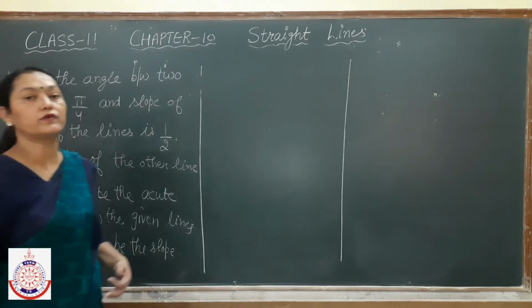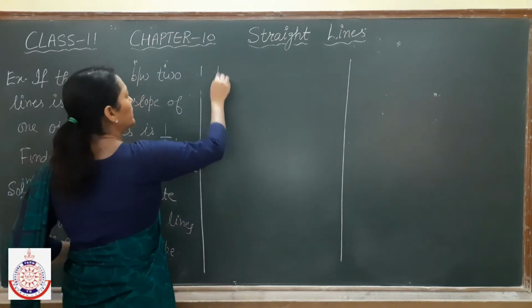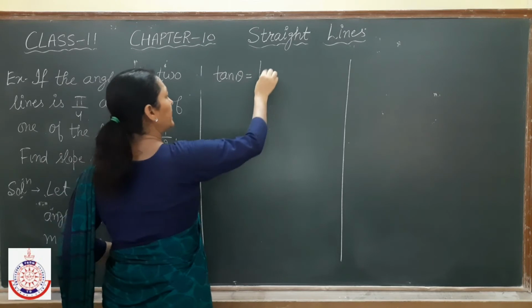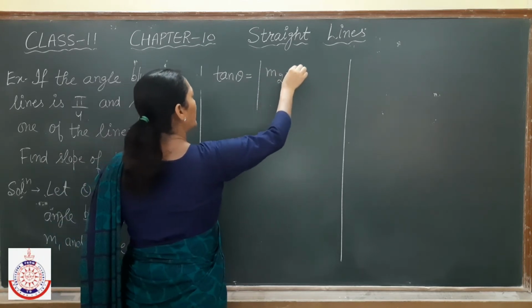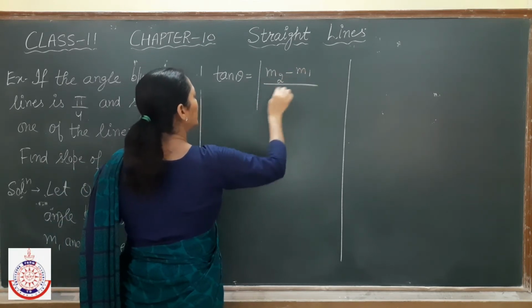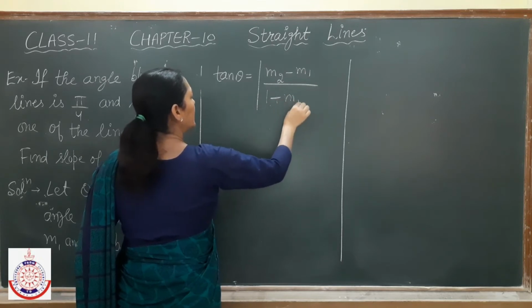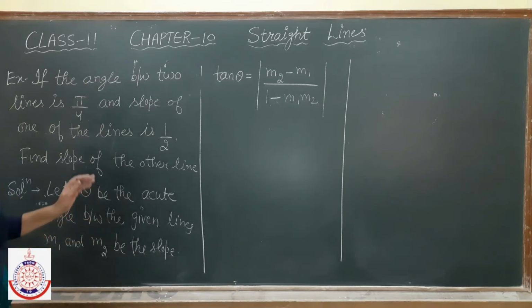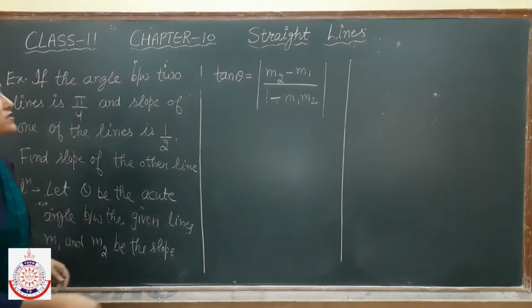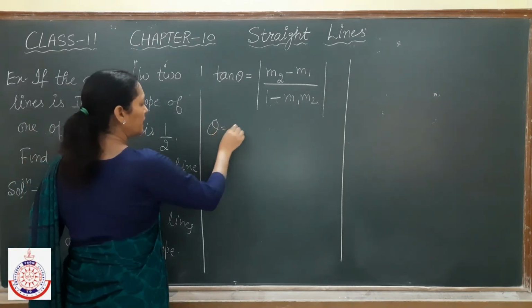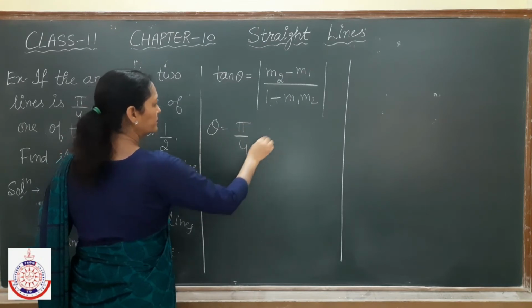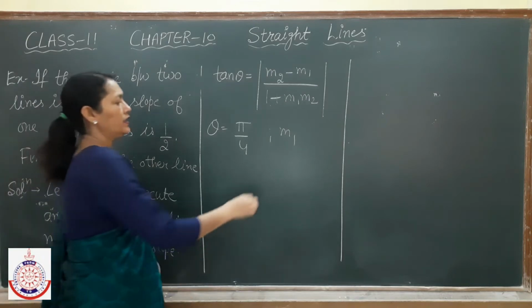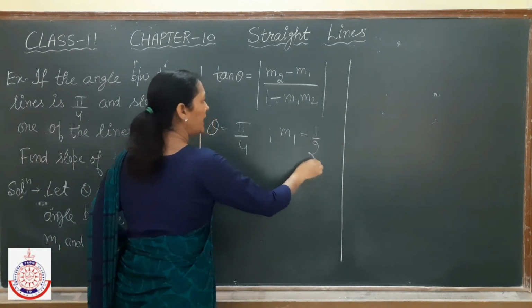What we have learnt is the formula: the angle can be obtained using modulus of m2 minus m1 upon 1 plus m1 m2. What values are given in the question? The angle theta is given to be pi by 4 and m1 is given to be half. m2 we have to obtain.